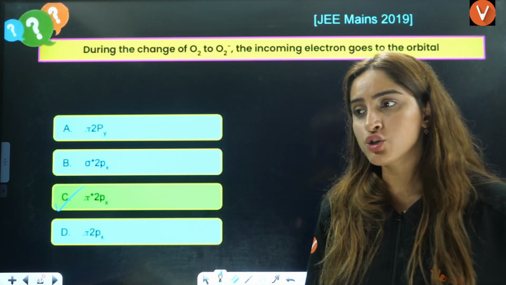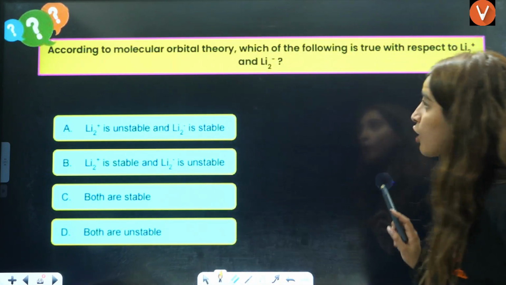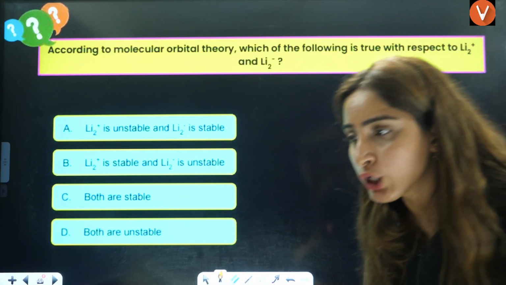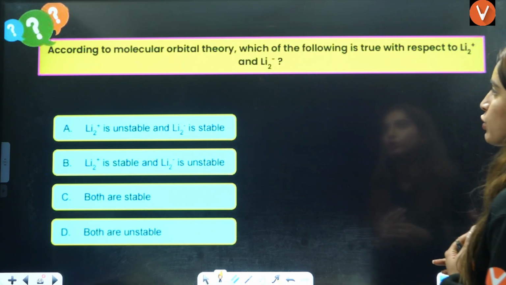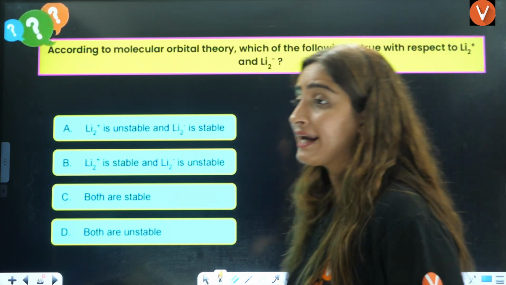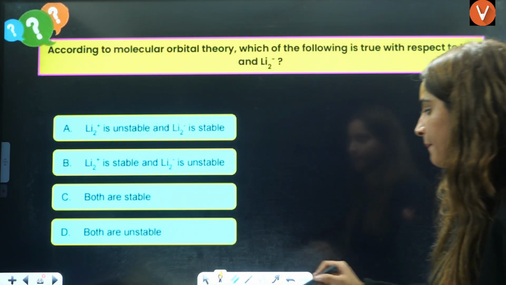Okay, understood? Yes. Next is, according to molecular orbital theory, which of the following is true with respect to Li2 positive and Li2 negative? Okay.